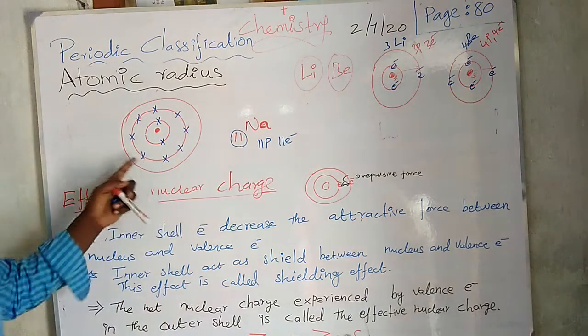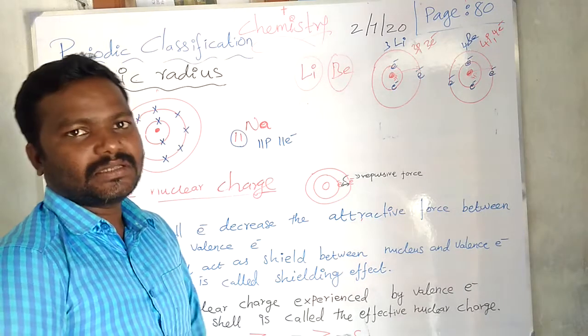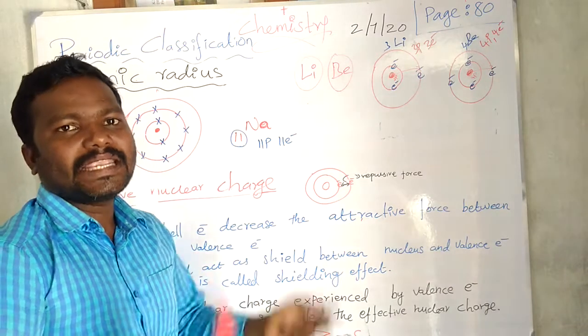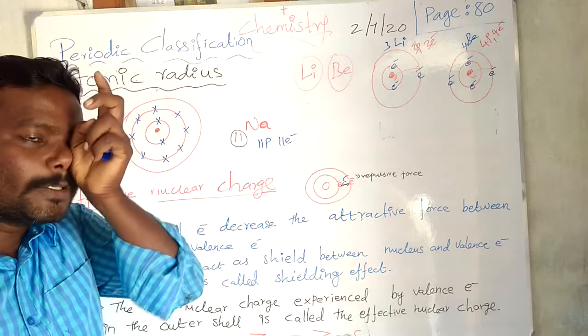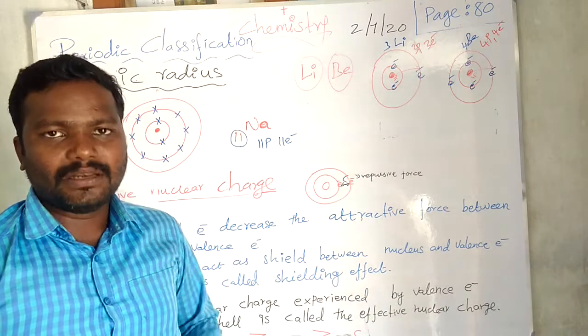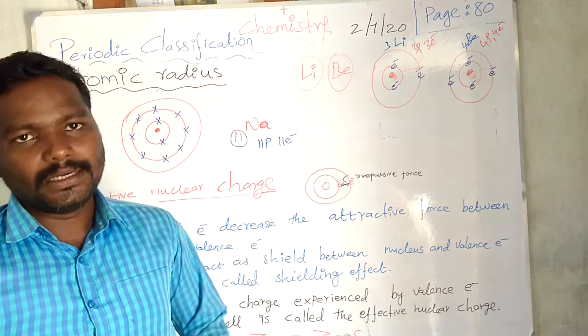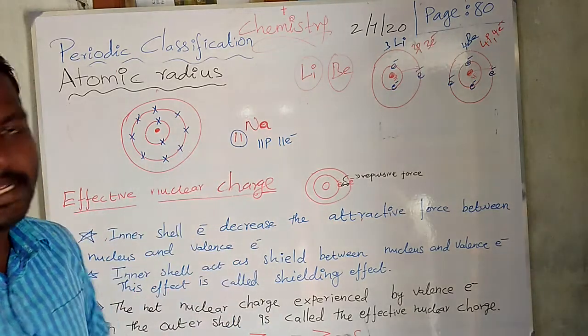Why, sir, did I fill 8 electrons in the second cell? According to the aufbau principle, the first cell will occupy only 2 electrons, the second cell will occupy 8 electrons. Hund's rule, the aufbau principle, then Pauli's exclusion principle, all those we will learn later. Just according to the aufbau principle we are filling here.